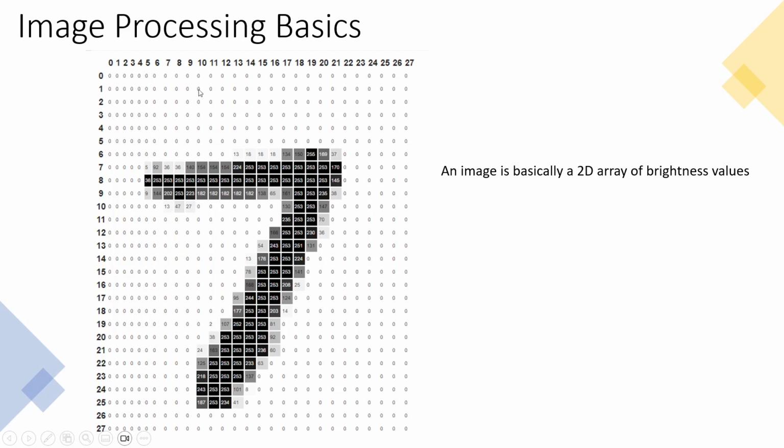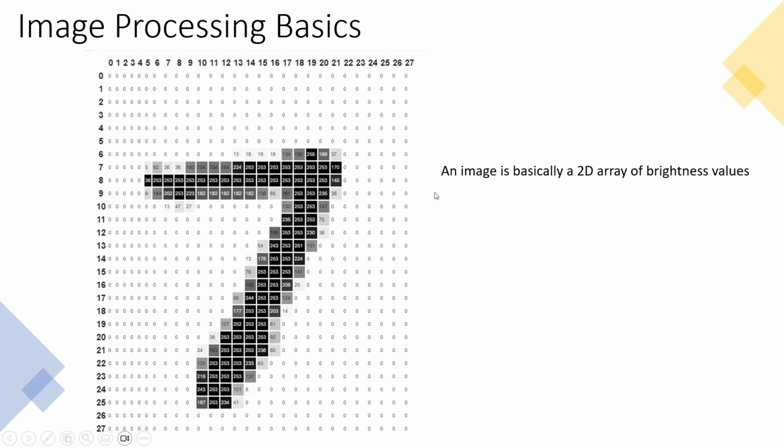Each of these pixels is represented as a brightness value. Basically, 0 means it's dark, and 255 means it's as bright as it gets. The values in between: if you are closer to 255, that's closer to white, and if you are closer to 0, that's closer to black.